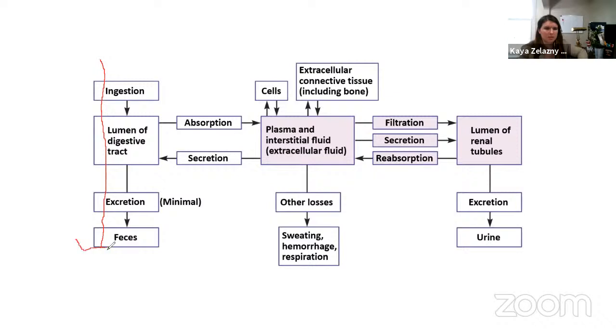When we drink or when we eat, we ingest food with water in it, or we drink water directly, it gets into our digestive tract, and then it either gets excreted through the kidneys or ends up in our feces potentially. So that's just moving us through the pipe from our mouth out our anus.